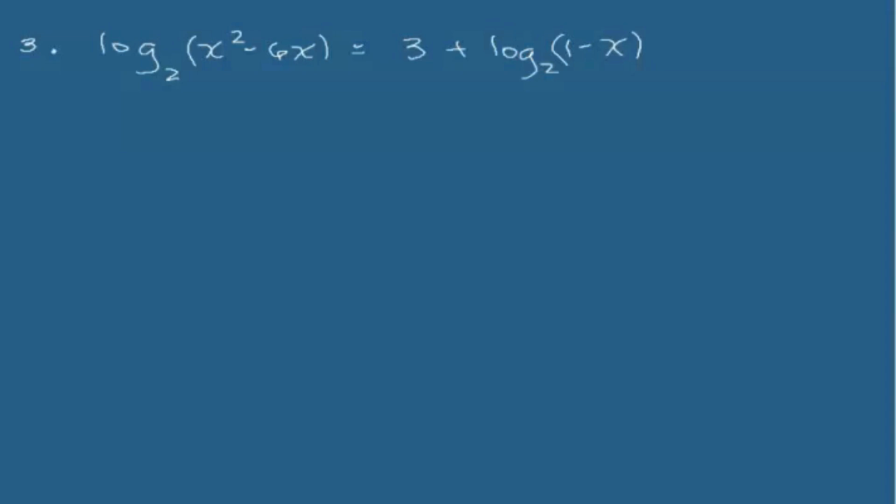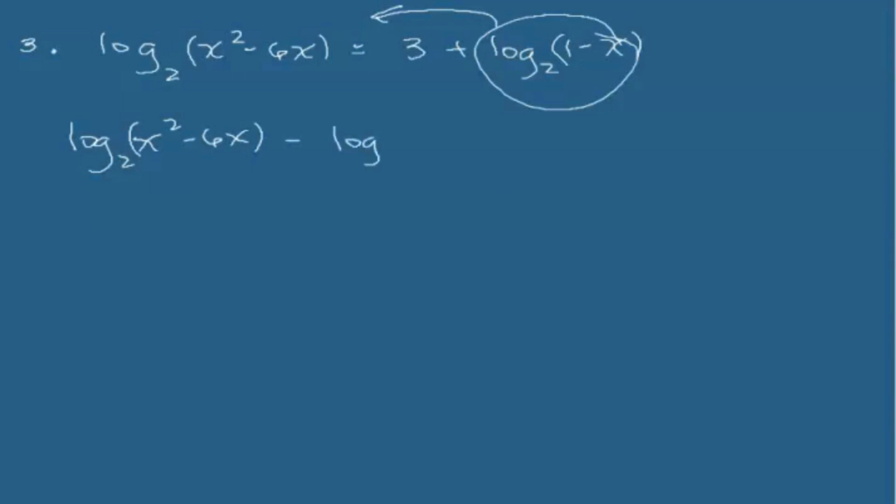Let's transpose this logarithm to the other side. So that would become logarithm of x squared minus 6x base 2 minus the logarithm of 1 minus x to the base 2 is equal to 3.